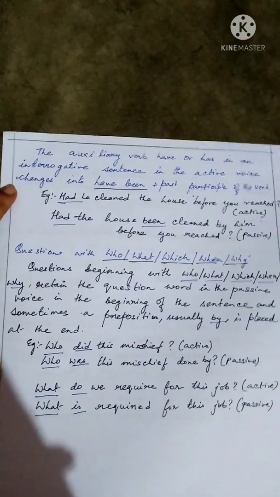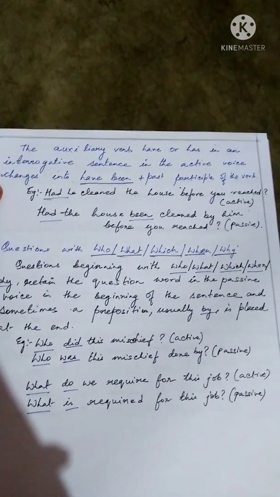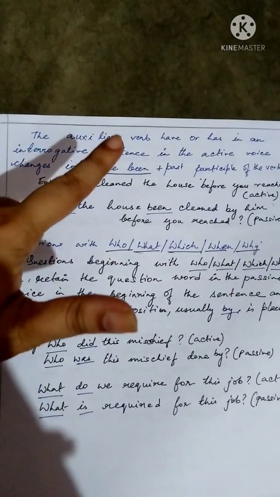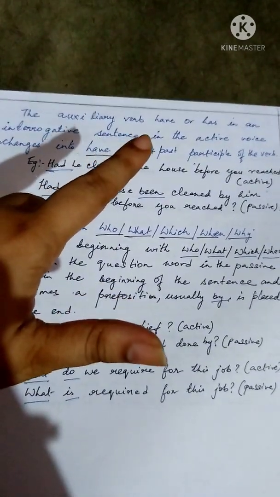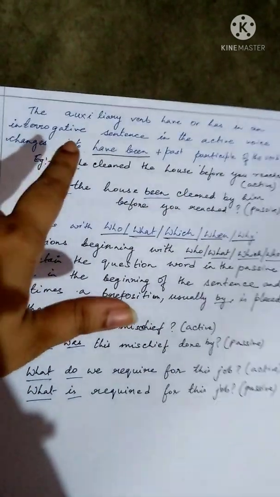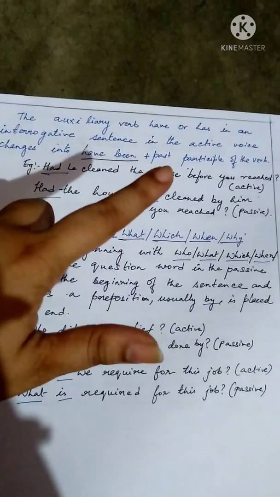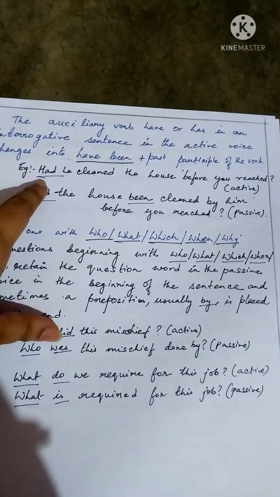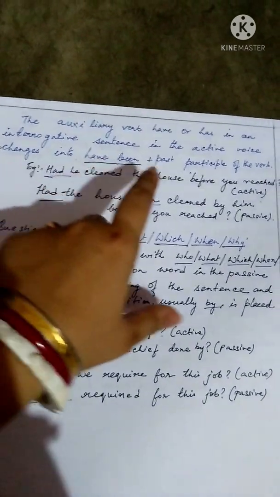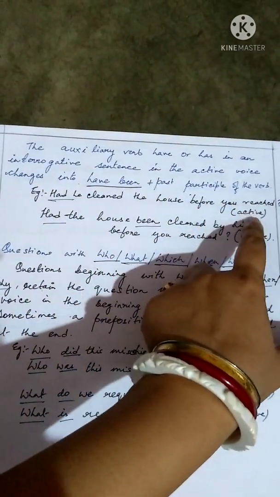Few more things under change of voice in interrogative sentences. The auxiliary verb "have" or "has" in an interrogative sentence in the active voice changes into "have been" plus past participle of the verb. So let's see an example. Had he cleaned the house before you reached? In active.